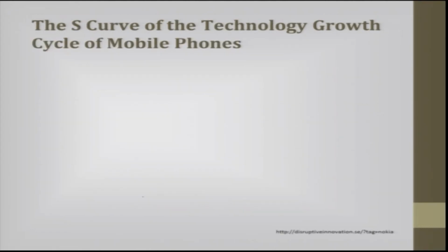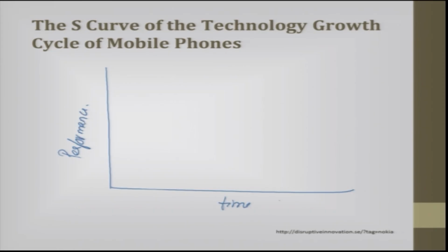So, let me try to draw the S type curve of technology for the mobile phone, for example, for Nokia phone alone. So, this is performance and this is the time period, time, right. So, the curve went something like this.